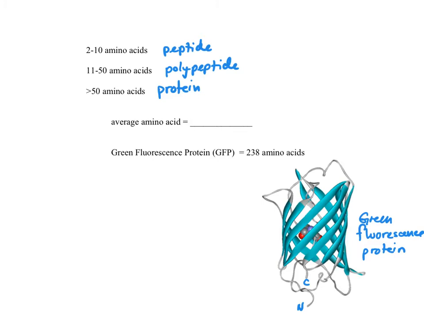Now, in other classes, and in this class, and in reading papers and textbooks, we're going to sometimes use different terminology to talk about the size of amino acids. It's easy enough to say that a protein has a certain number of amino acids like we just did for GFP, but we often want to refer to the molecular weight. And there's an easy general average conversion.